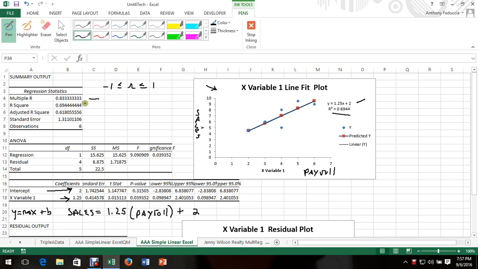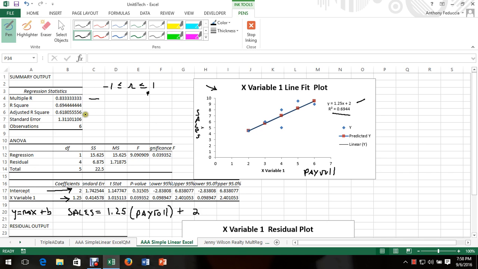Well, this one is 0.833. If you take the square root of 0.694, you're going to get 0.833. And so 0.833 is out in here someplace, which means it's a good positive relationship between these two variables. In other words, the payroll is a good indicator of what future sales might be.